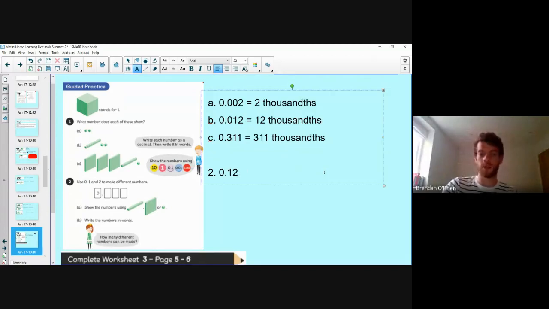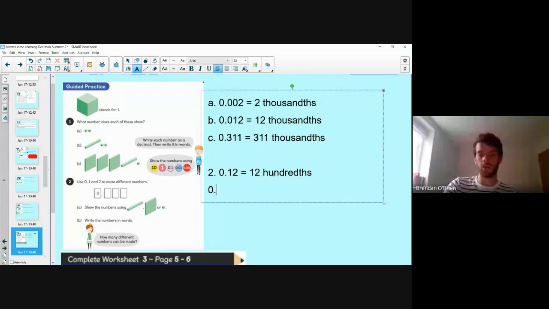No, because there's no value there. If I have 0.12, then it's going to be 12 hundredths. I don't have any of the small blocks. I've just got 1 tenth and 2 hundredths, so it's 12 hundredths.